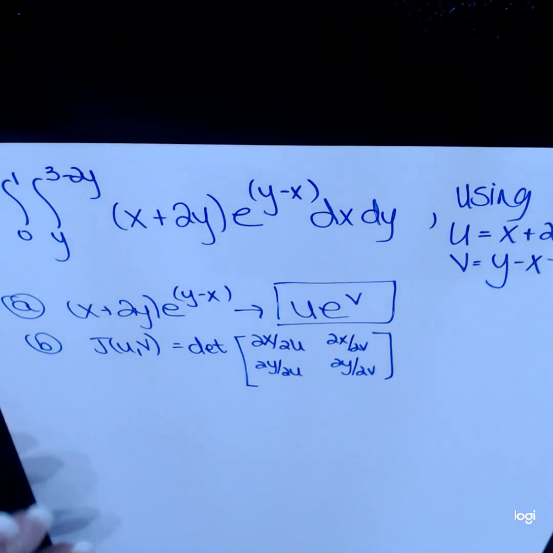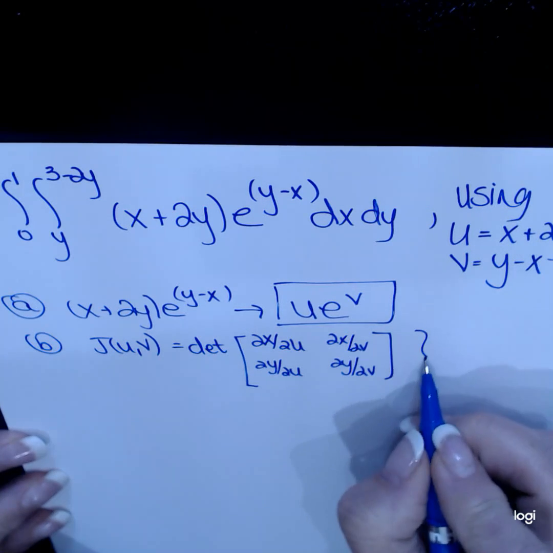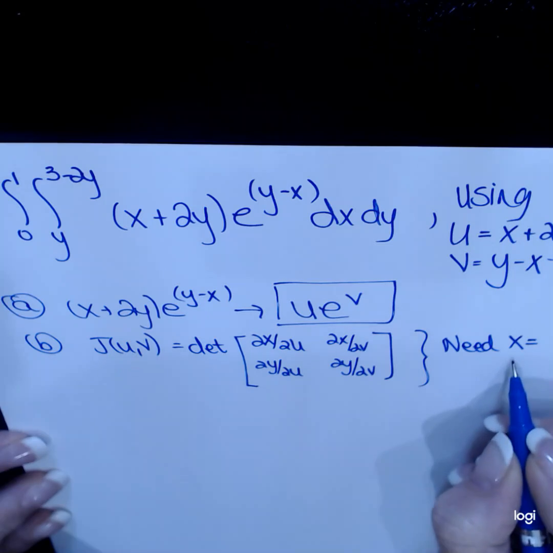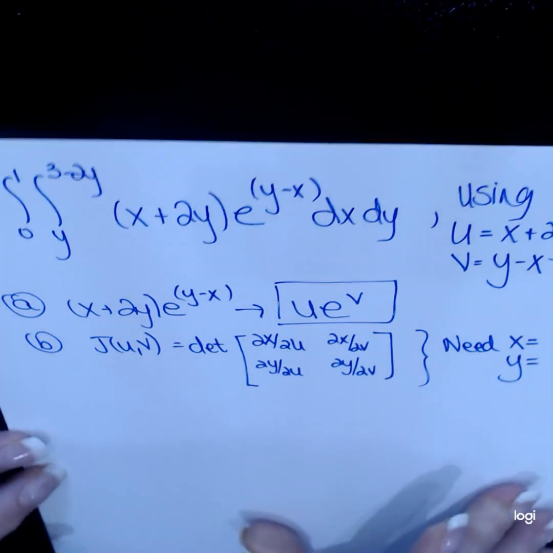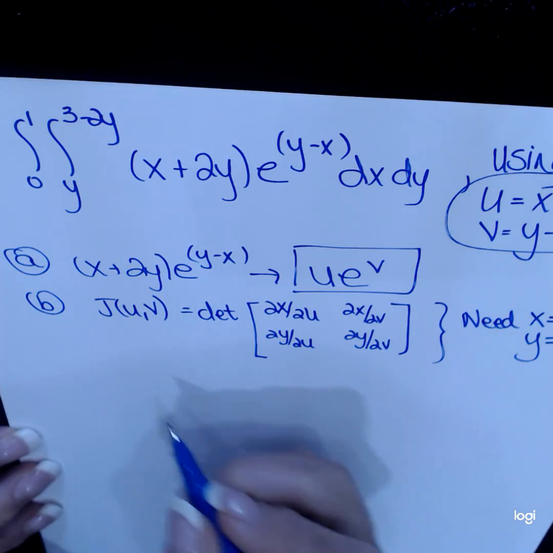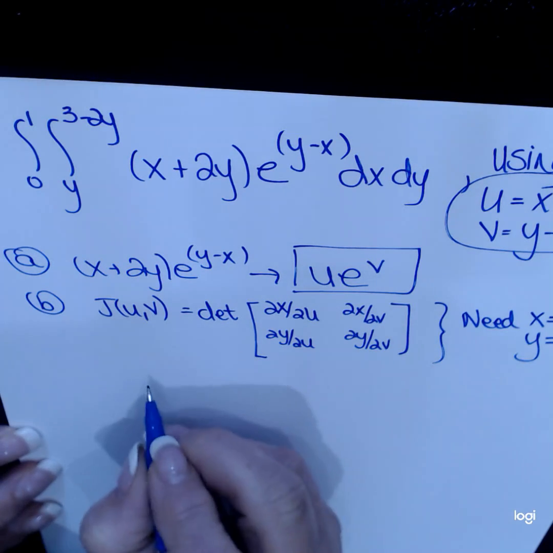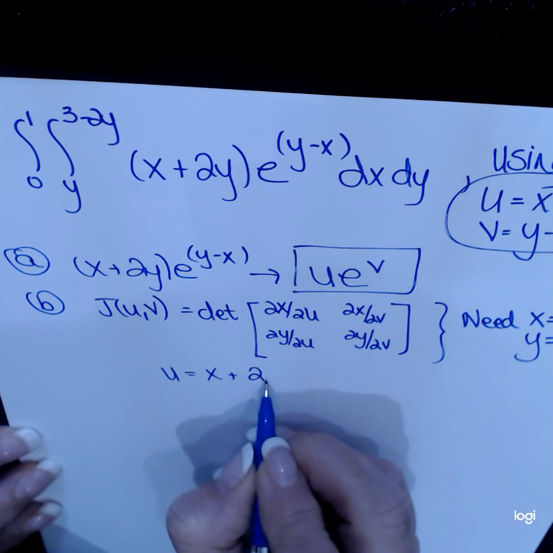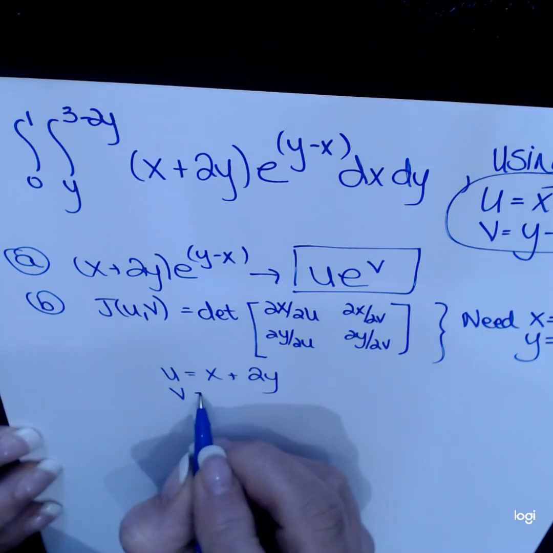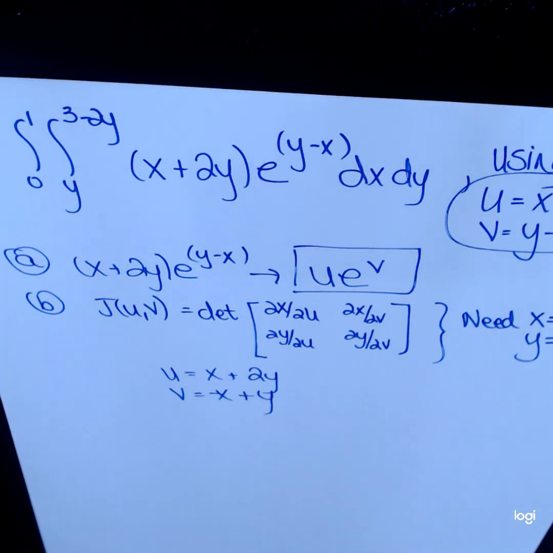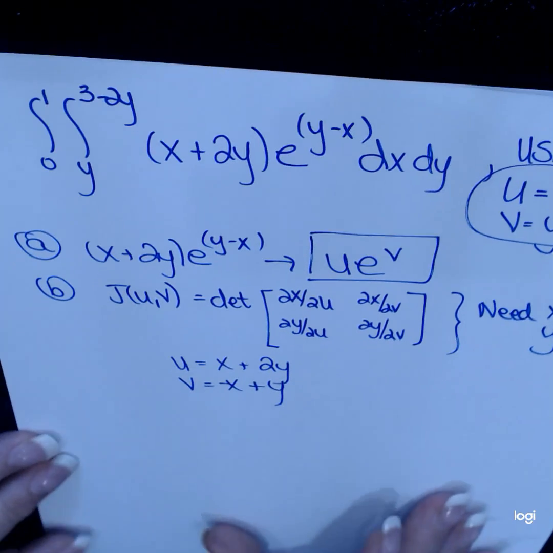And of course, to do this, remember I said what you need is an x equal function and a y equal function. But that's not what we're given here. What we're given here instead is a u equal and a v equal. So let's see if we can take that u equals x plus 2y and the v equals negative x plus y and solve these for both x and y.